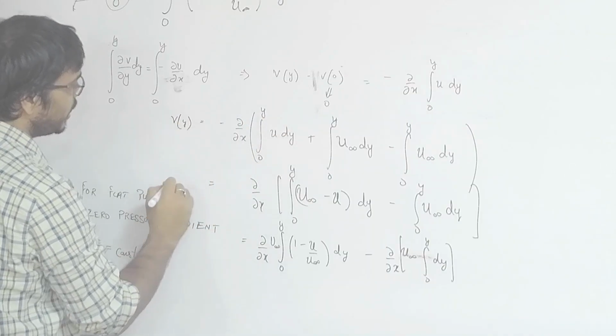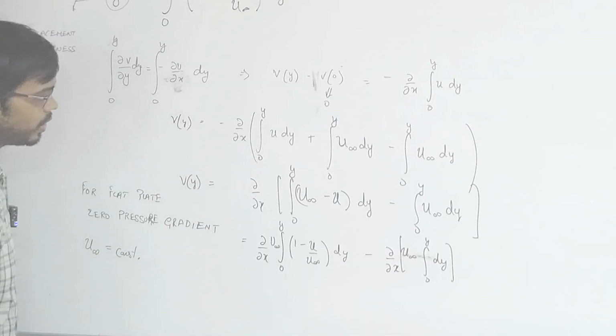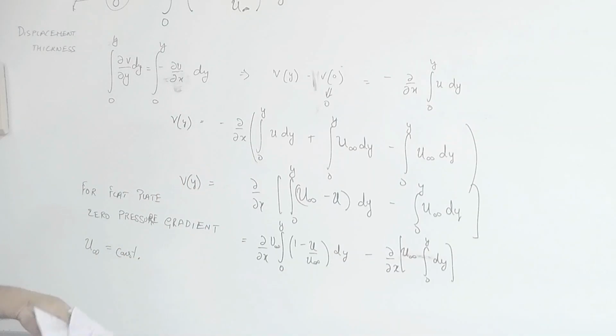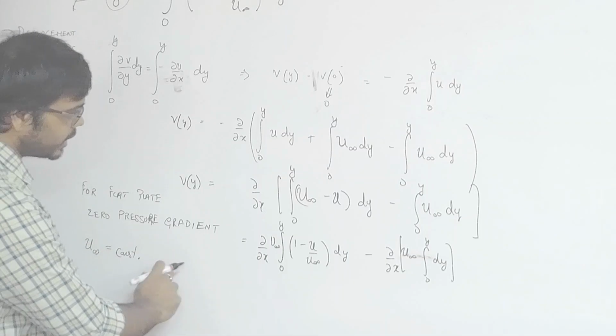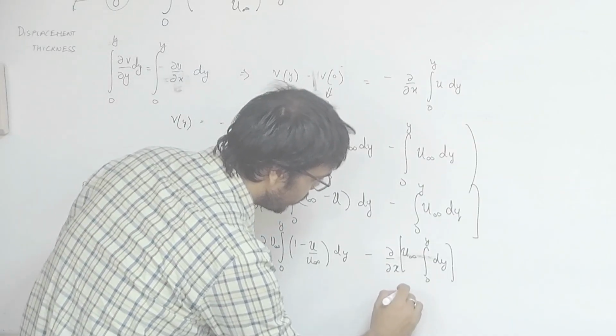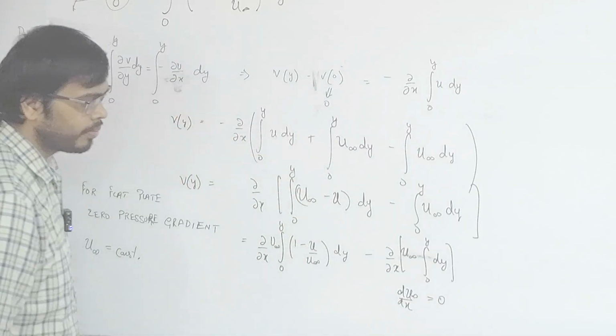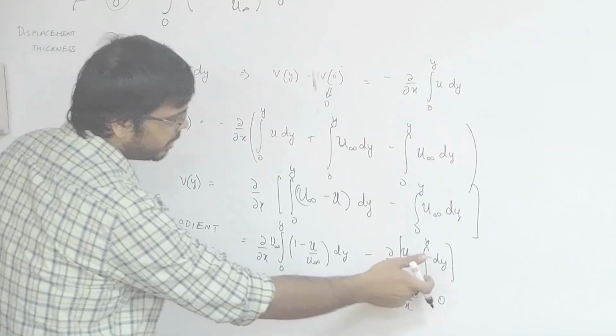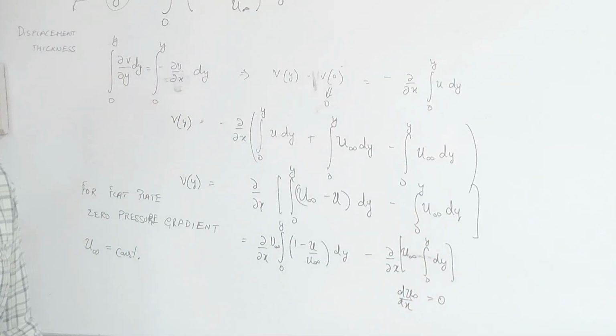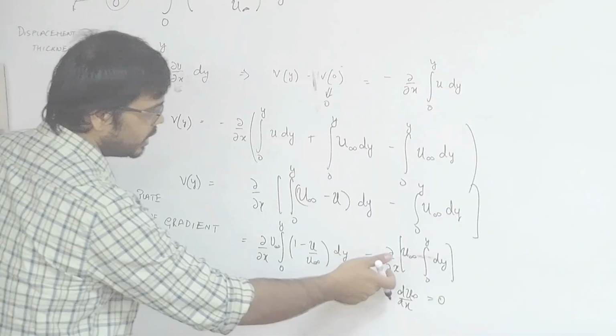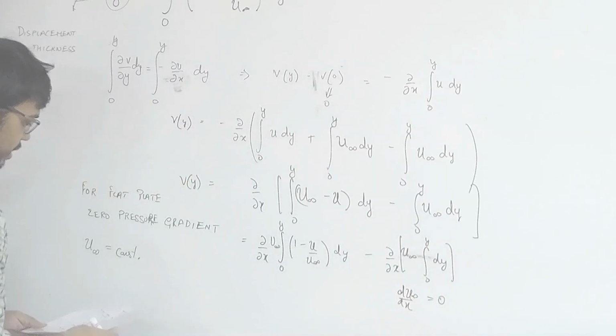So we are looking at the y direction velocity, and what this y directional velocity actually means, we will come to in a minute. When u infinity is a constant, this guy is 0. du infinity by dx is 0, and if I am integrating it to any particular y on an x station, that does not matter. So this term will basically be 0.